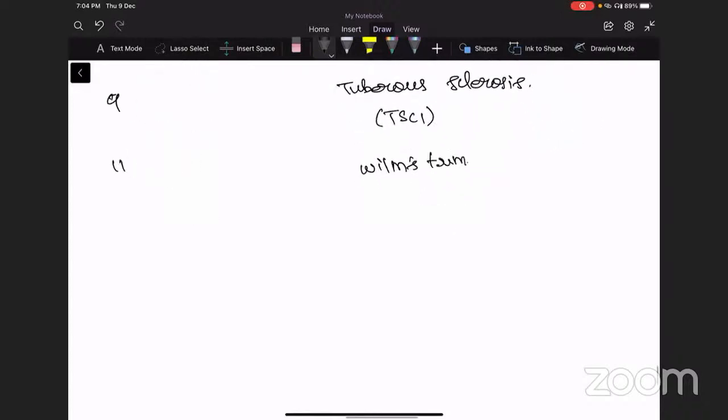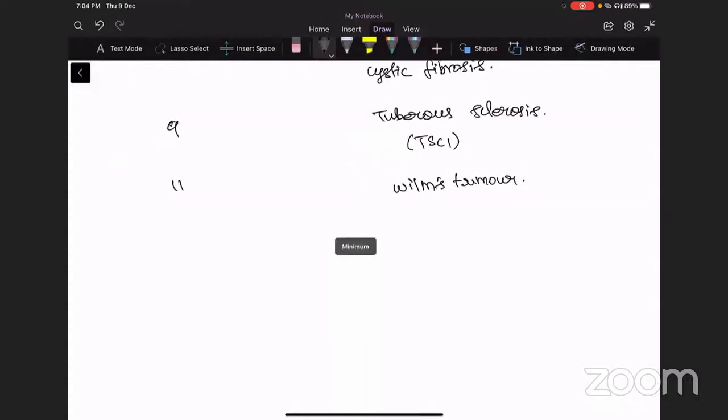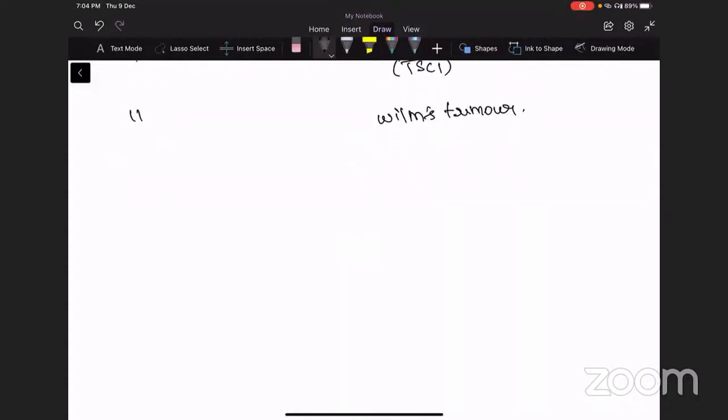Wilms tumor, chromosome number 11. 13, what is the syndrome? 13, previously asked in the FMGE exam, chromosome number 13.